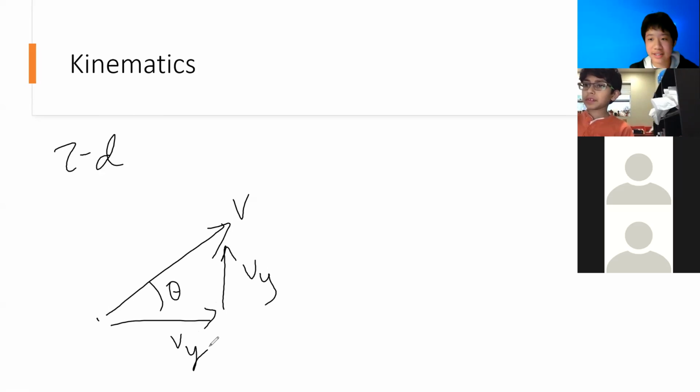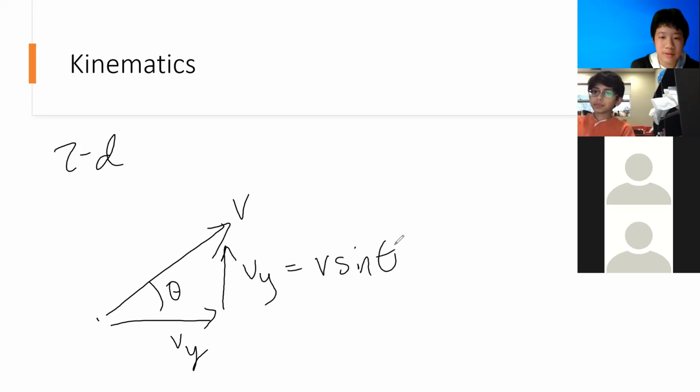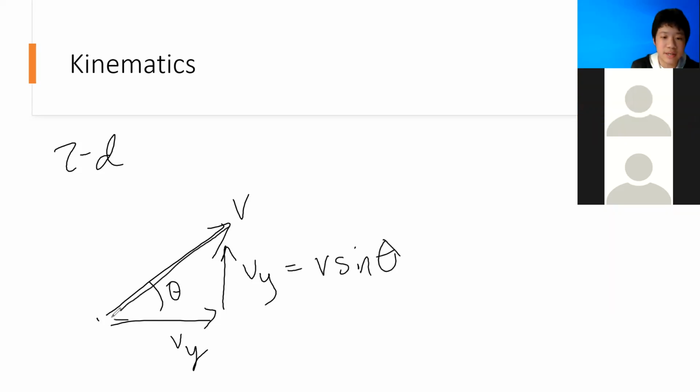Whatever is going on in the x direction doesn't matter to the y direction. And here's something you can remember also: Vy is just v sine theta, because of the right triangle we can make here, and Vx is equal to v cosine theta. That's a pretty cool thing to remember.